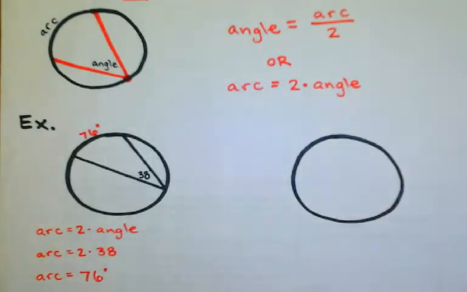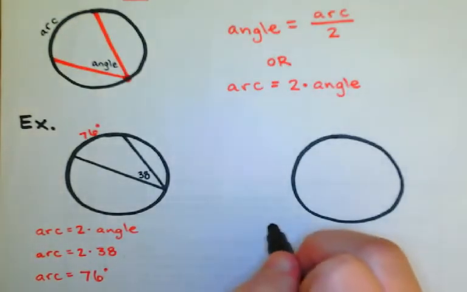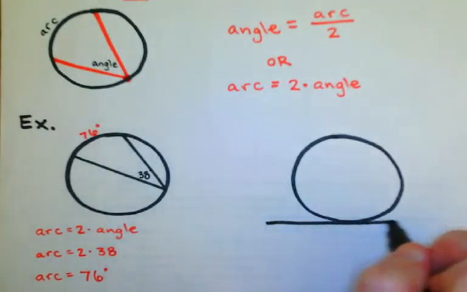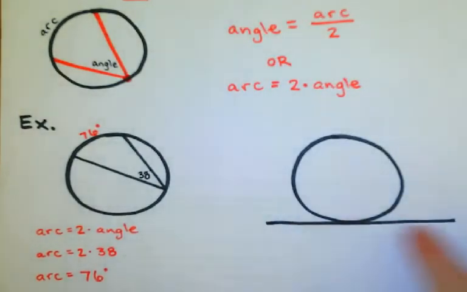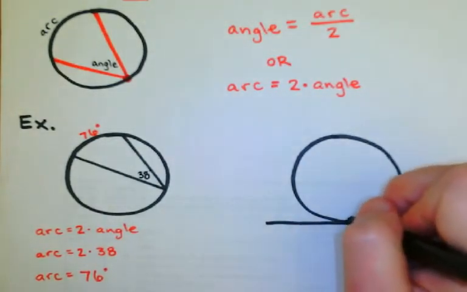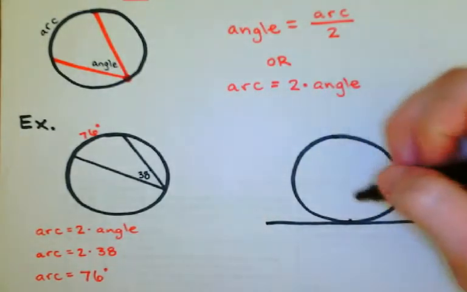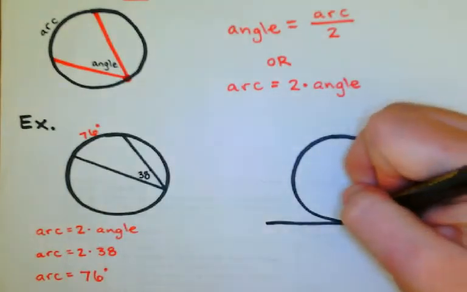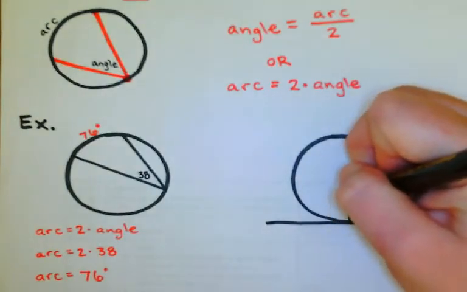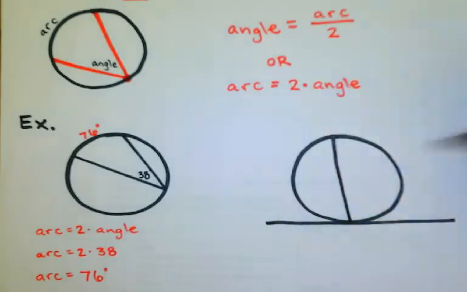Okay, let's say, now this one might look a little different. Let's say that we've got a tangent line. Remember, a tangent line just runs off a circle and only touches in one place. But that one place it touches is still on the circle, right? Let's say we've got something that looks like this.